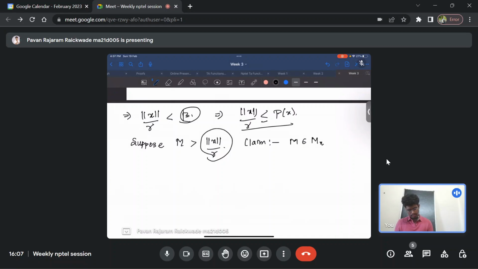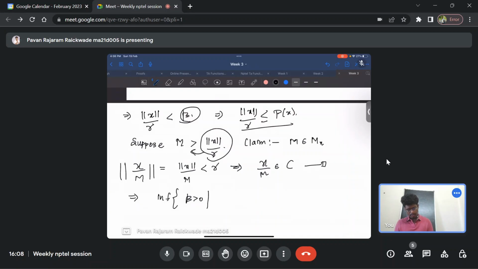So claim: m belongs to M_x. What is x by m? Norm of x by m equals norm x by m, which is strictly less than r from this inequality. So x by m belongs to C. Which implies the infimum of all such positive betas such that x by beta belongs to the ball centered at 0 with radius r just equals norm x by r.